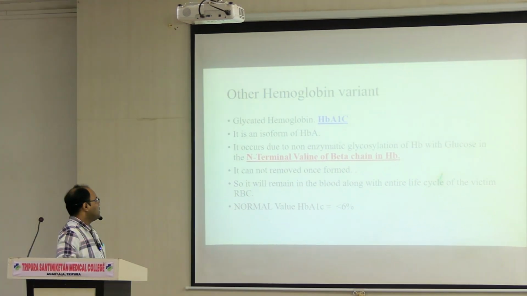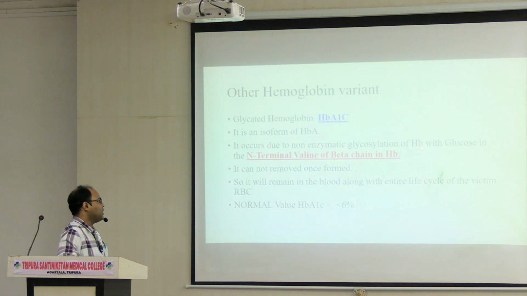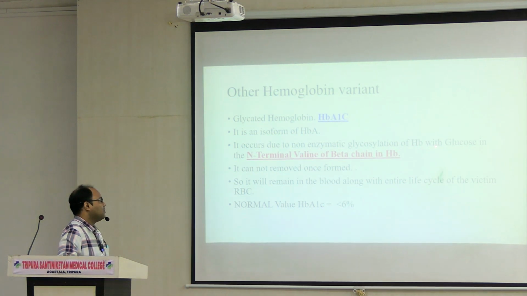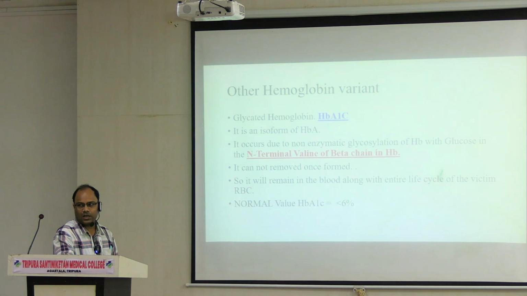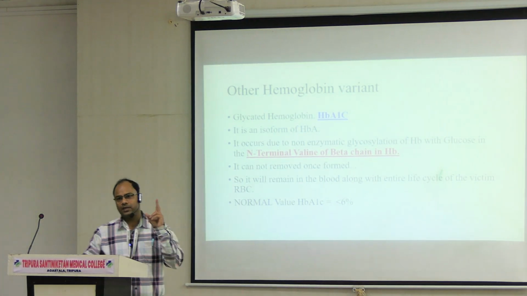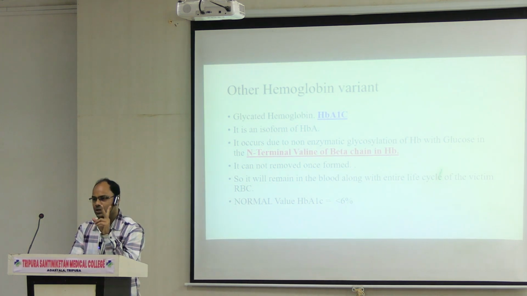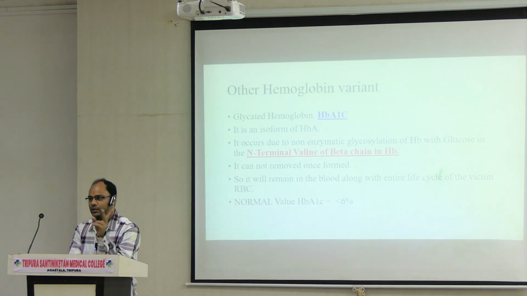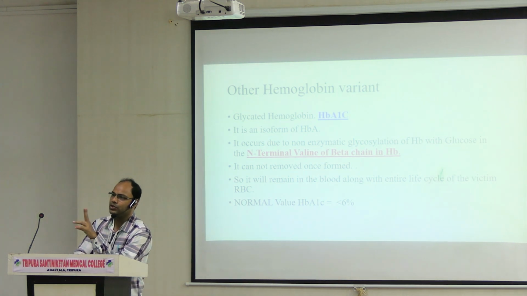This is because of non-enzymatic glycation of hemoglobin with glucose at the N-terminal valine of the beta chain in hemoglobin. Can you understand this term? HbA में 2 अल्फा चेन रहता है, 2 बीटा चेन रहता है. बीटा चेन का जो N terminal होता है, in the N terminal we have a valine residue.